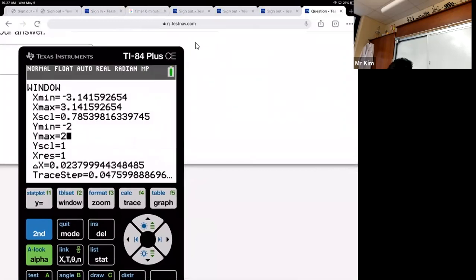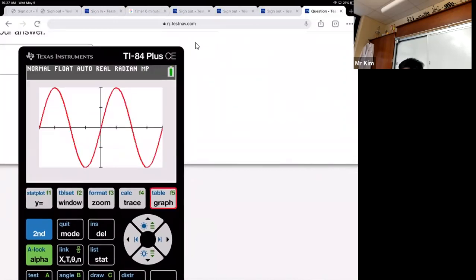That should be the window. Press graph. There you go.